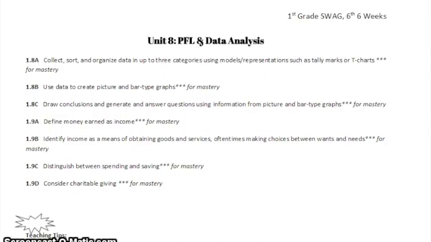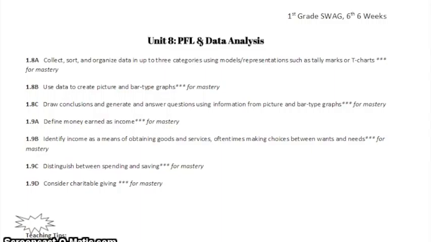When we look at the 1.9s, A, B, C, and D, these are our personal financial literacy pieces. And within there, again, everything is for mastery. And we are starting at an early level teaching children about money, because we don't want them later on when they go off to college not understanding that just because you have the checks doesn't mean you have the money in the account.